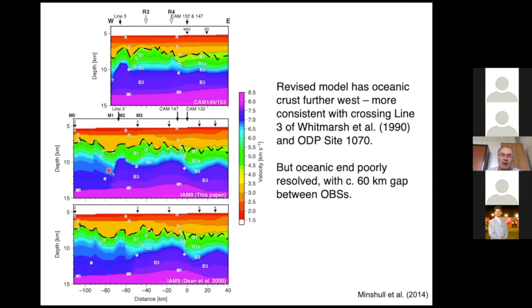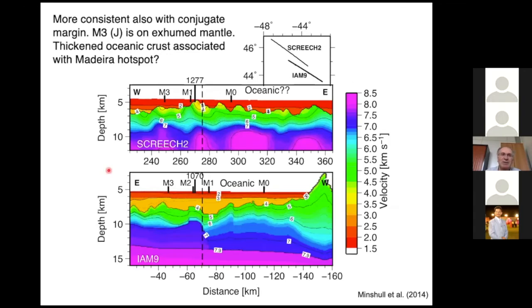The drilling didn't find oceanic basalts; it found some intrusive mafic igneous rocks, but something that didn't really look like oceanic crust.